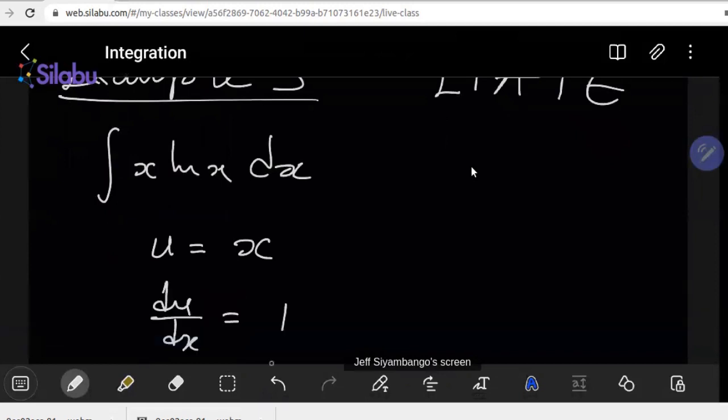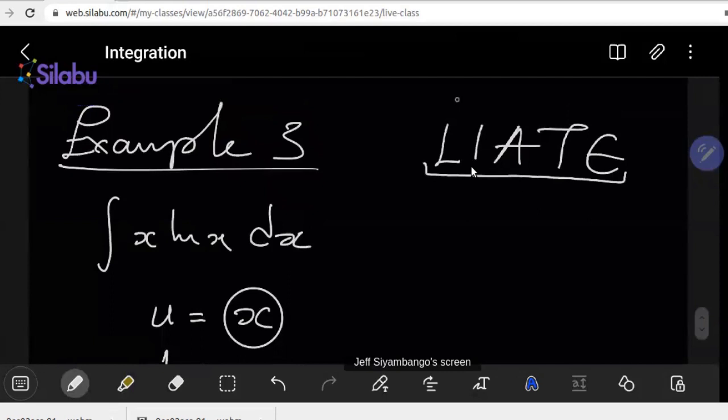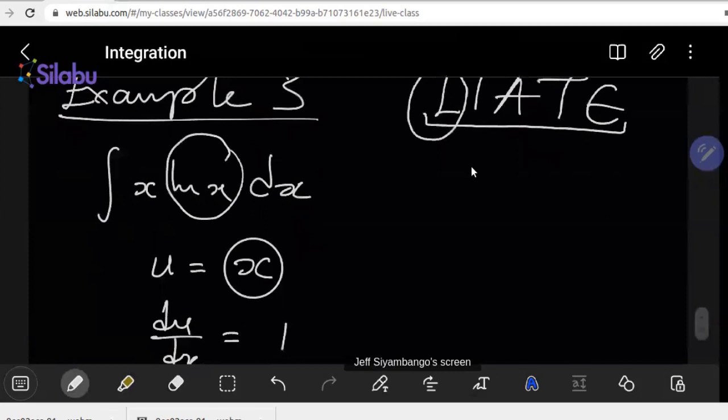So u seems almost convenient; you are almost tempted to choose that. But clearly the rule says you start with logs, then inverse trig, then algebraic. So logs must come first, and ln is a log function. So here, ln x must be what u is.